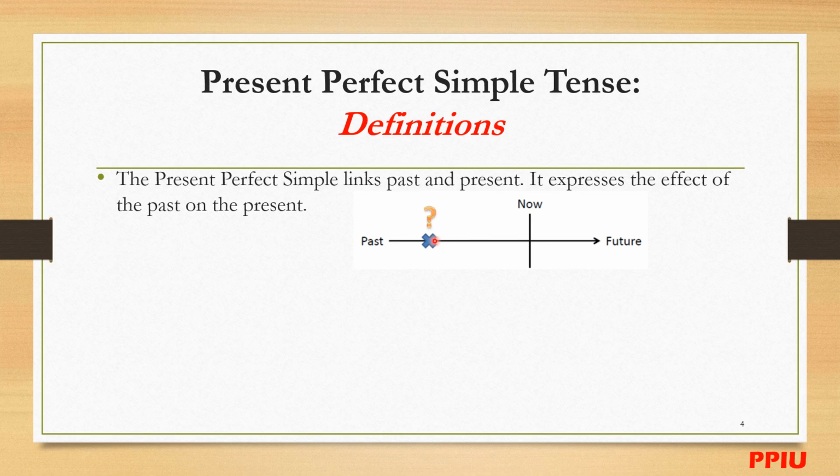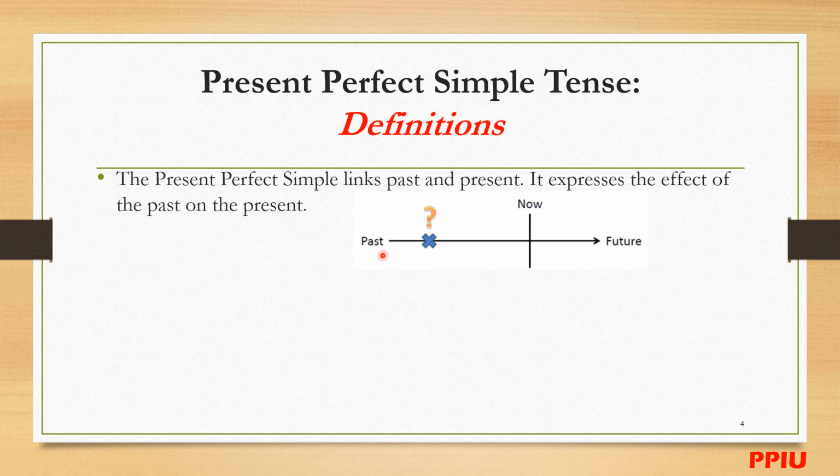We don't know whether it has finished or not, but it is somewhere in here, or it can continue until this time and finish before the present simple. So from here to here is the present perfect simple.